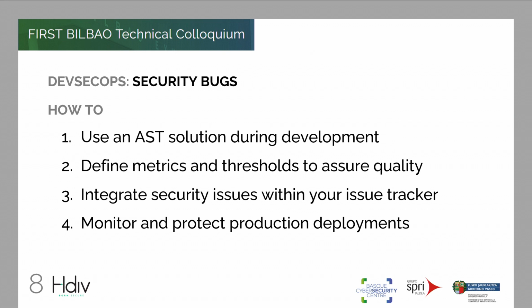So how do we solve or automate this part? The first step, and that's something you should do in order, is during the development: use some AST solution, as good a solution as possible, but at least one of them. Secondly, define metrics and thresholds.